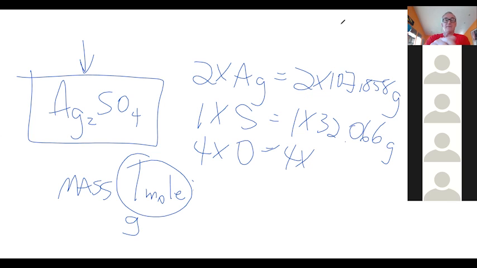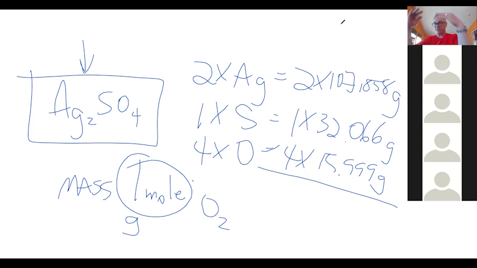Now remember, these are oxygen atoms, not oxygen molecules. Oxygen molecules are O2. This is O4, meaning 4 moles of atoms. John again to the rescue, 15.999. So all we do is multiply these together and then add them all up.